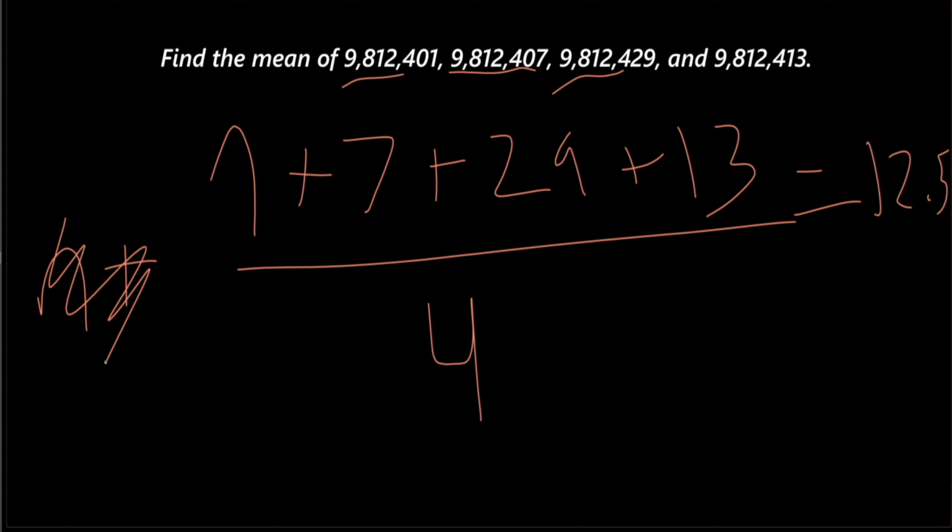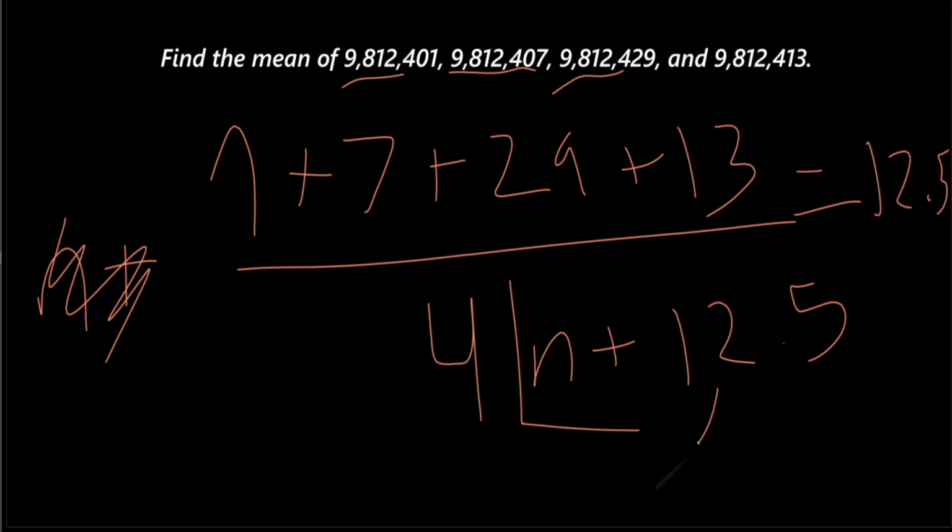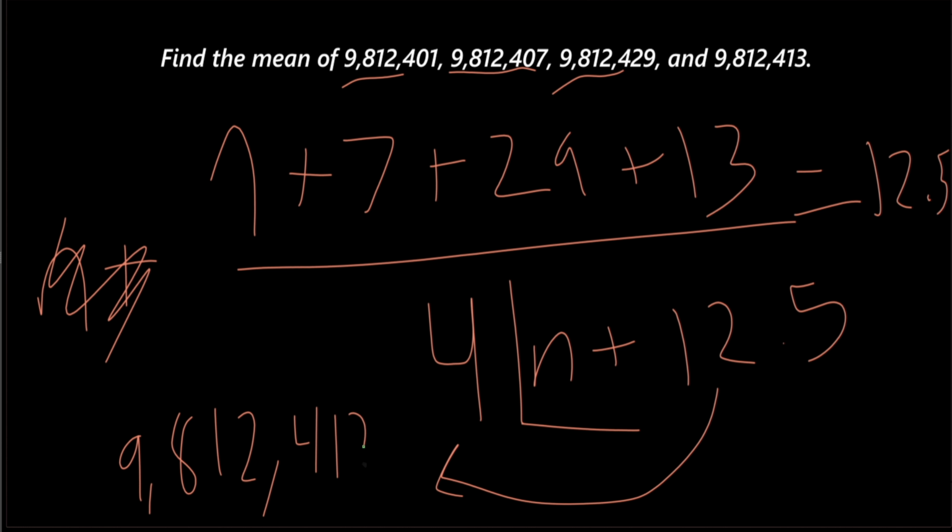So now n plus 12.5 would be our answer, which would be 9,812,412.5. And that would be our answer. Now we can move on to the next problem.